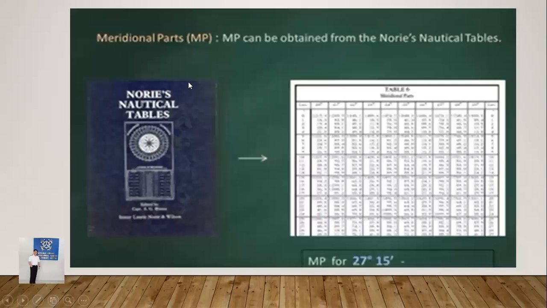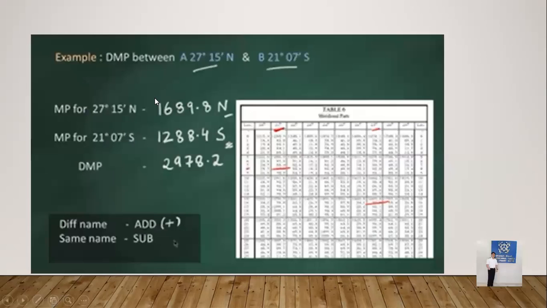We can obtain it from this publication, which is what we call the Norie's Nautical Tables. I'm going to share with you the soft copy of the Norie's tables itself.